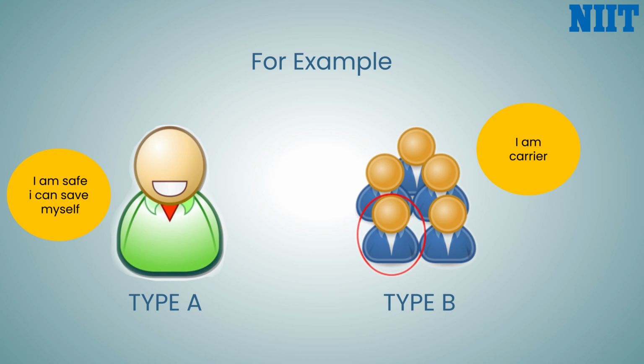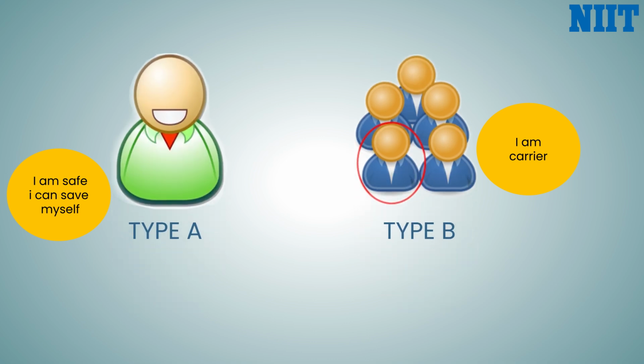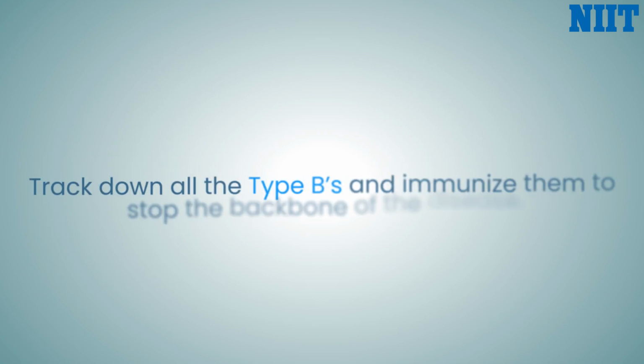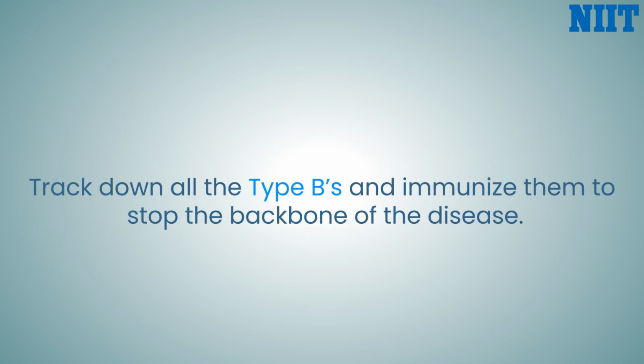This creates quite annoying waves of havoc whenever type B infects a multitude of type A. Now your task is to track down all the type Bs and immunize them to stop the backbone of the disease. Sounds familiar, right? So let's try to solve it.